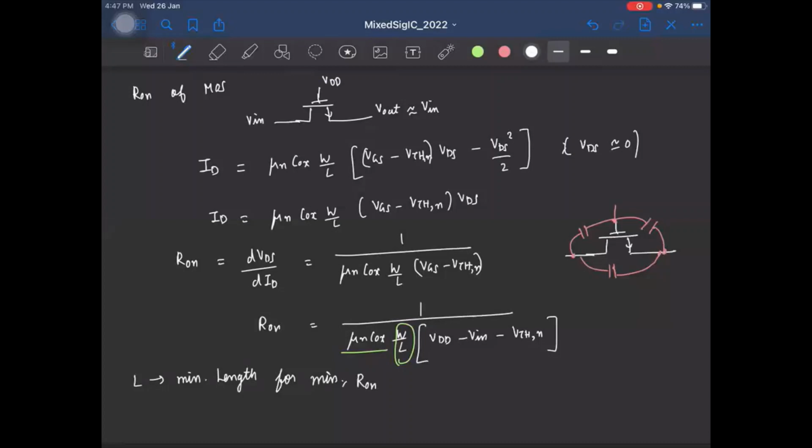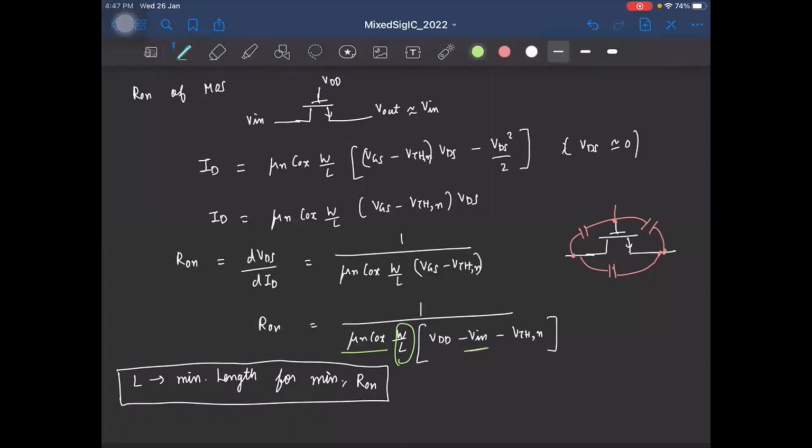So there is some trade-off. We can't keep increasing the width forever. This is something you should always be aware of. For a switch, you make sure that you use the minimum length because that's what will result in the smallest on resistance.